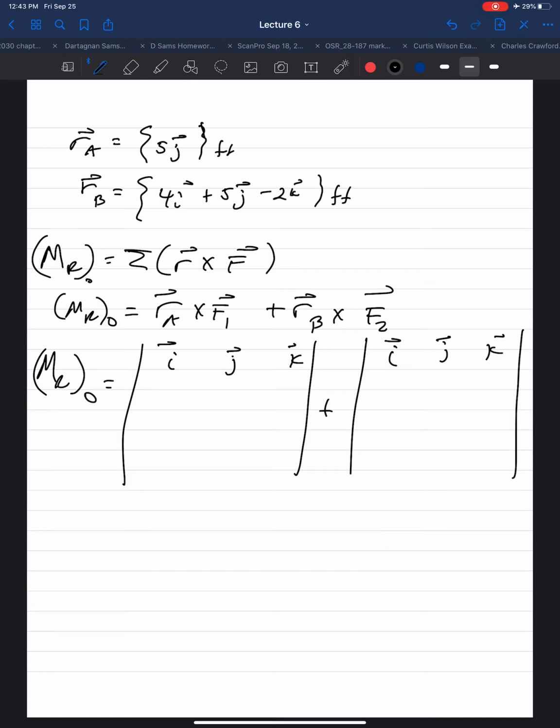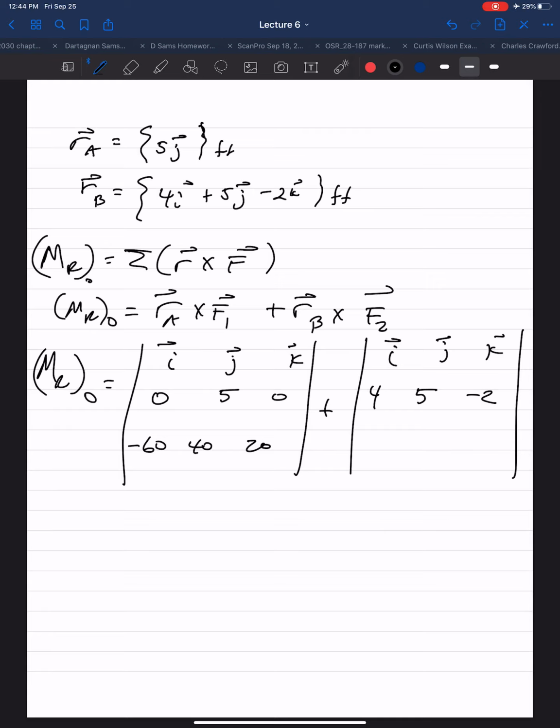So the RA is just a J. It has no I or K values. So 0, 5, 0. F1 has values for I, J, and K. 60, 40, and 20. For my RB, we have I, J, and K values. So that's 4, 5, negative 2.